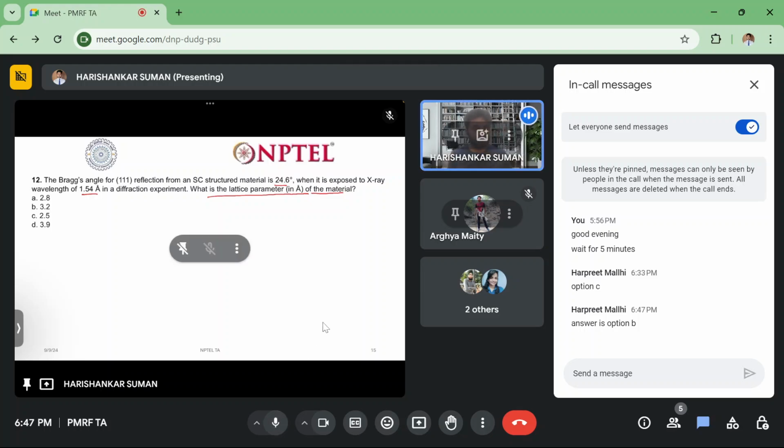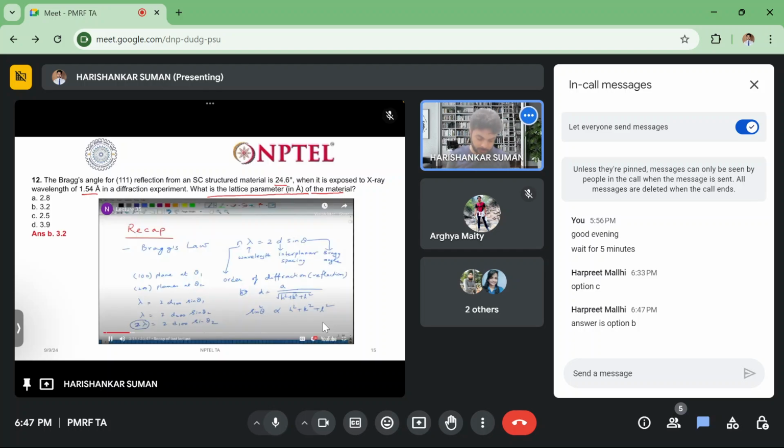Okay, option B. Let's check. Option B is correct. So you know the formula for XRD: 2d sin theta equal to n lambda.